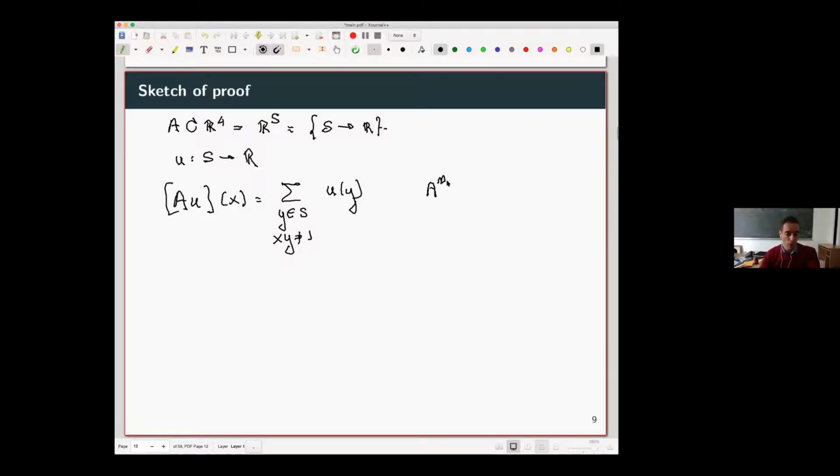If you compute A to the n applied to u, and look at the value on the generator x, that will be the sum over all words which are reduced, of the form x, y1, etc., yn. So those words are reduced.